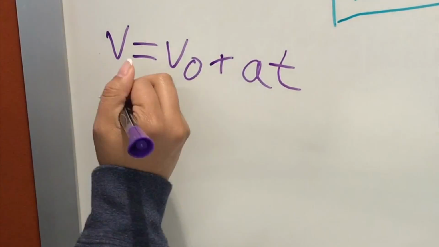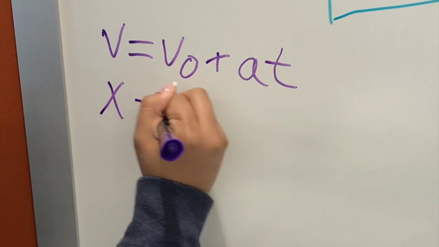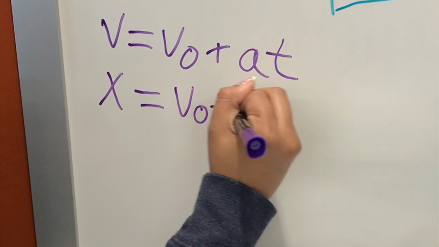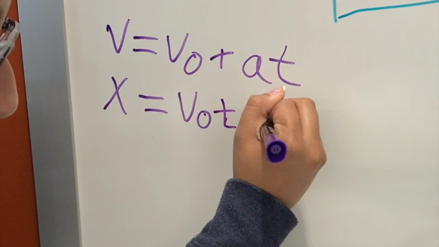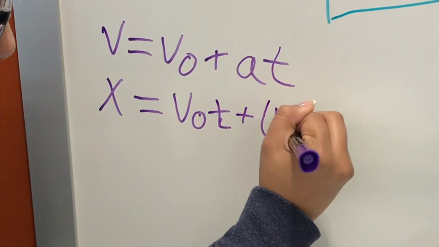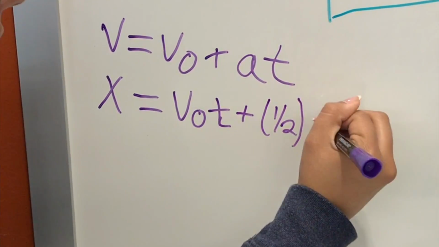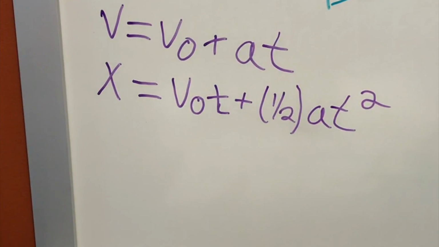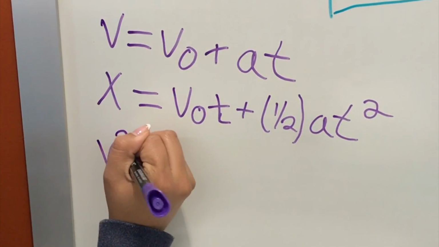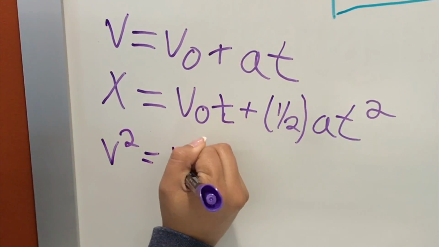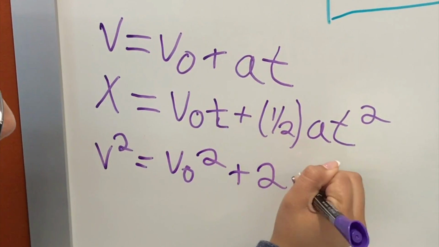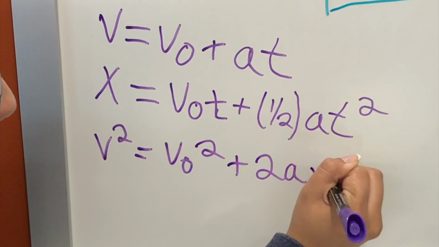The other one is x equals initial velocity times t plus 1/2 the acceleration times t squared. And the last one is v squared equals initial velocity squared plus 2 times acceleration times x.